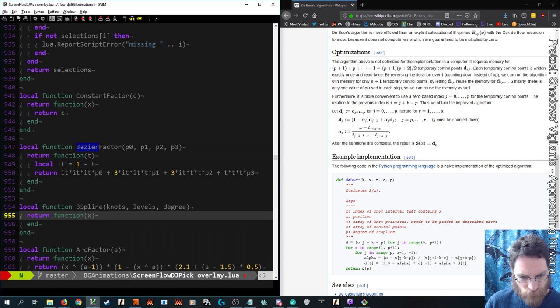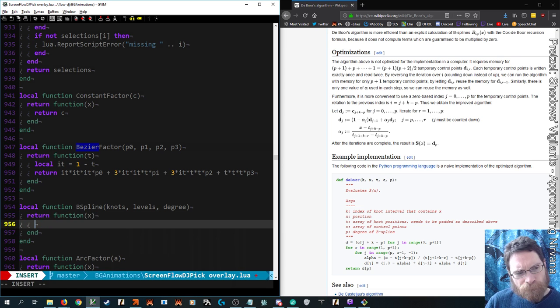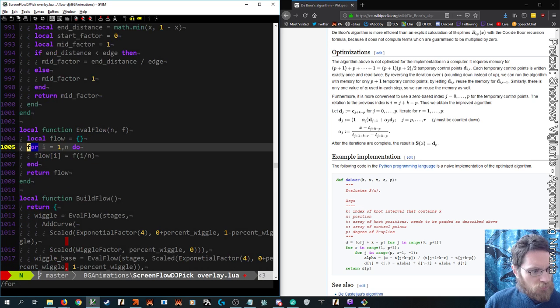So we have to do that. For i equals 1 to n do.